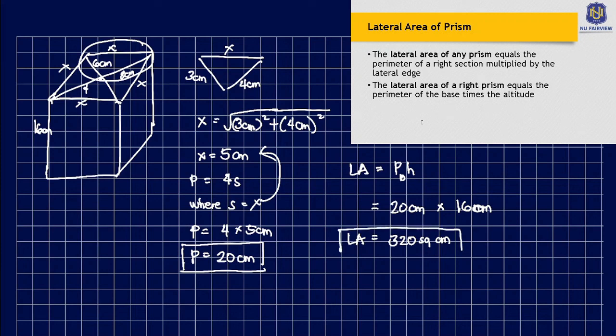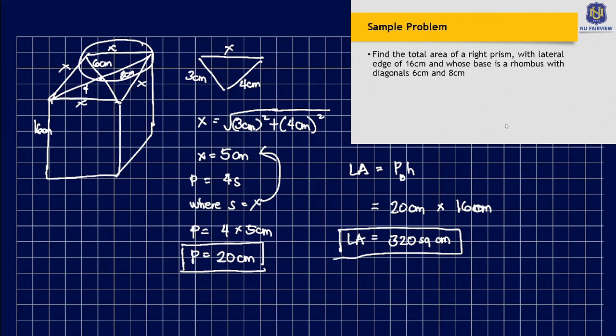Now, ang sabi sa problem, ang kailangan natin kunin ay total area. So, paano nga natin i-compute ang total area? So, to compute for the total area, we denote it by letter S, kung naaalala nyo pa. So, that would be sum ng lateral area nyo plus 2 times area ng inyong base. Okay?